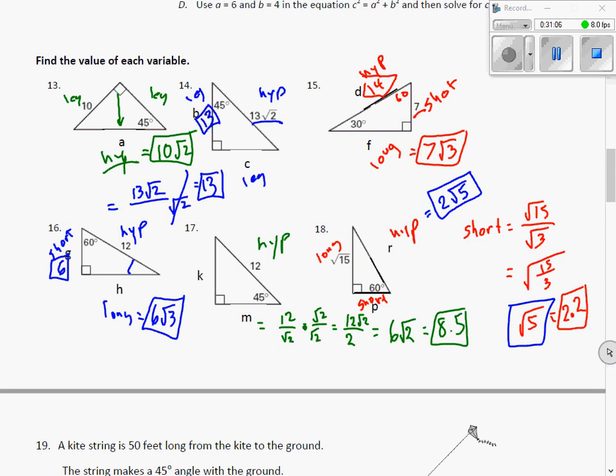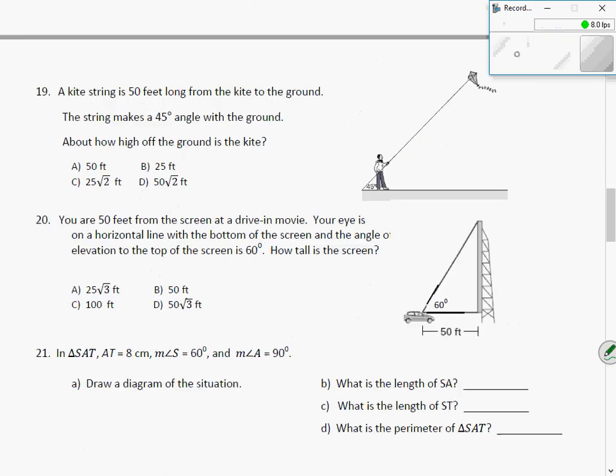Yeah, that's right. Kite string is 50 feet long. The string makes a 45-degree angle to the ground. How high above the ground is the kite?